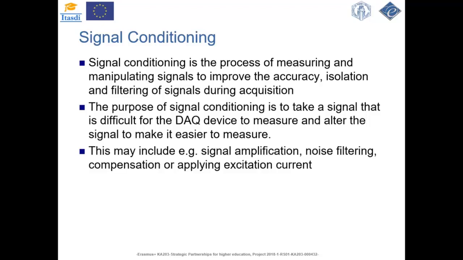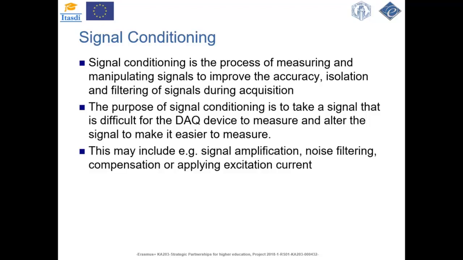Many sensors need some sort of external hardware to perform their job. For example, RTDs, or resistance temperature detectors, need an excitation current, and strain gauges need a Wheatstone bridge. Also, to measure signals from sensors, the signals must be converted into a form which the data acquisition device can accept.